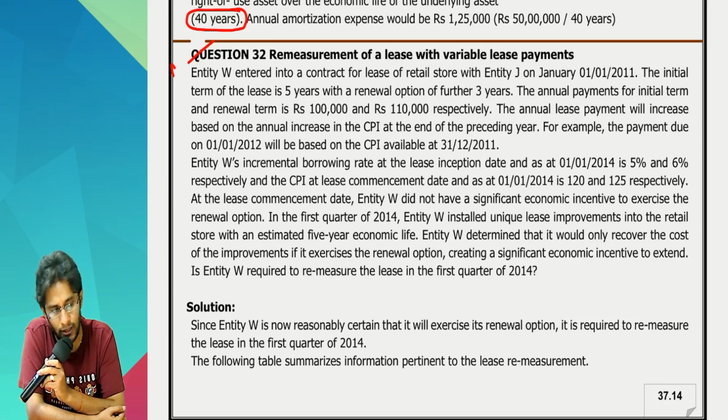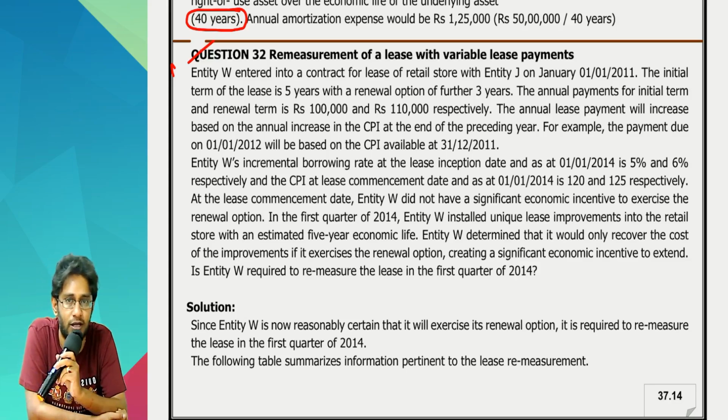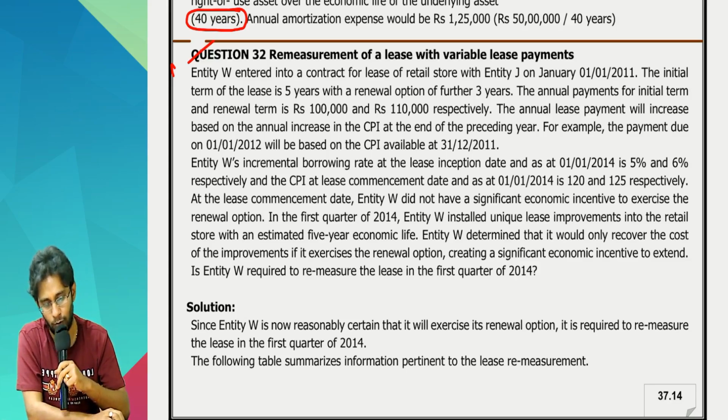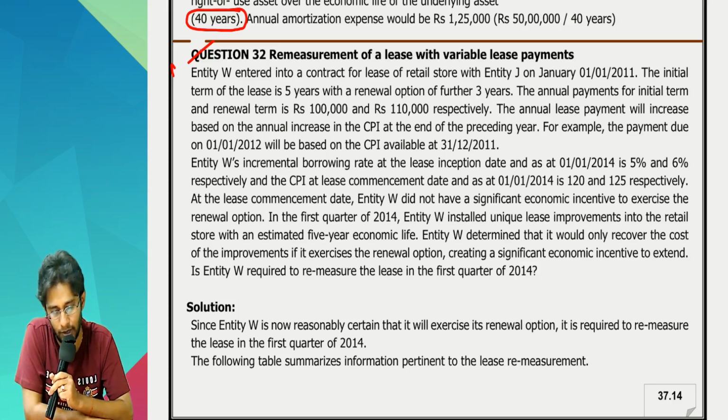Then the annual lease payment will increase based on the annual increase in CPI at the end of the preceding year. Wow. That means whatever 1 lakh you are seeing, that is not a fixed payment. That has to be updated based on the consumer price index. For example, the payment due on 1/1/2012 will be based on the CPI available at 31st December 2011.